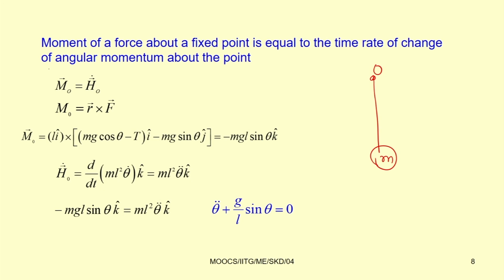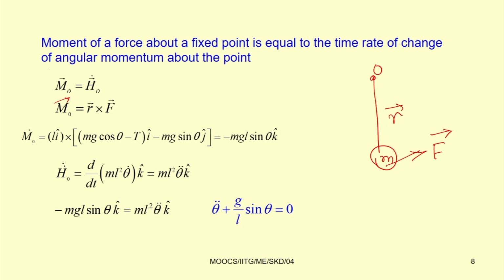Here M0 equal to r cross F, where r is the position vector and F is the net force acting, for which we already have the expression. M0 is a vector.